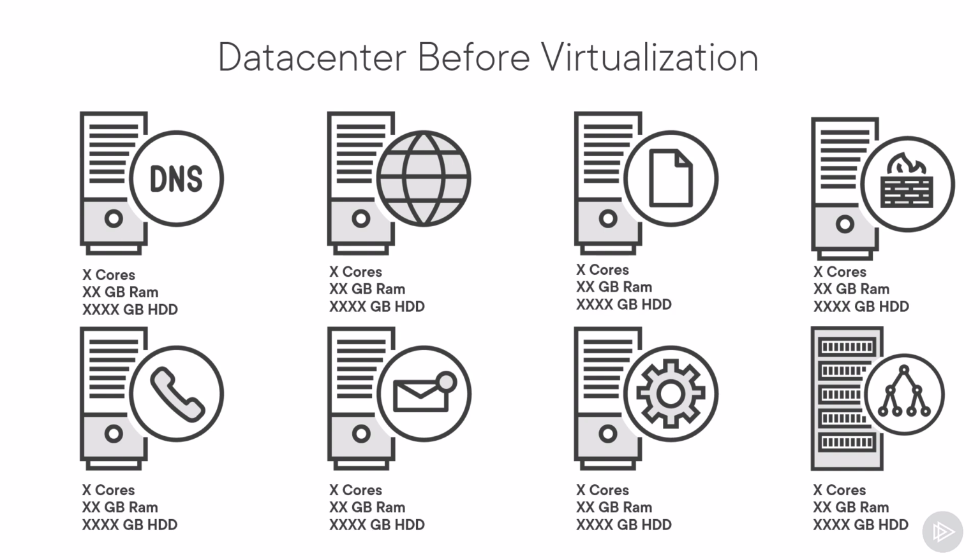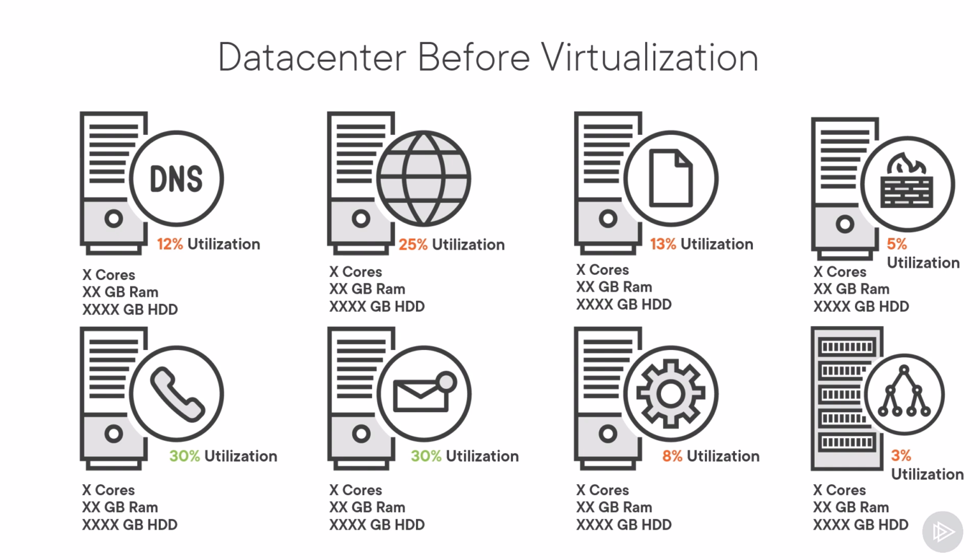Each one of those servers had their own CPU, RAM, and hard drive resources, of course, and each one of them needed enough resources for the utilization at their peak time, as this is what we needed to calculate for each server. How many resources will it need at peak time?